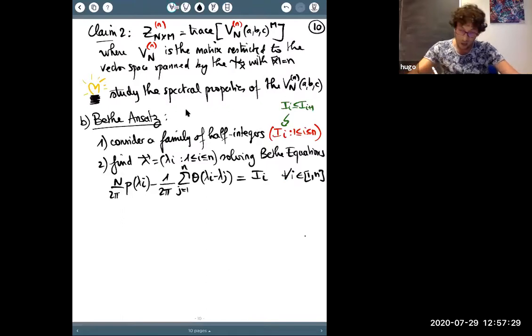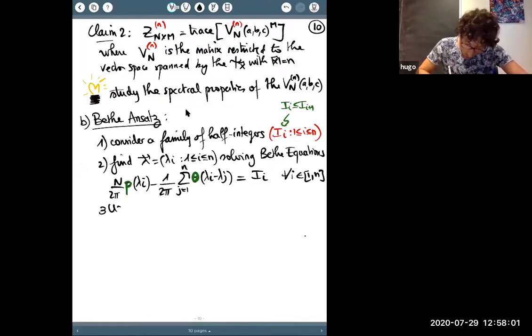Okay? So here you may wonder, what is this function p, and what is this function theta? They are explicit functions, well-chosen functions, but explicit. And I don't want to give you the formula here because it's not going to help you in the understanding of the talk. So these are two explicit functions.